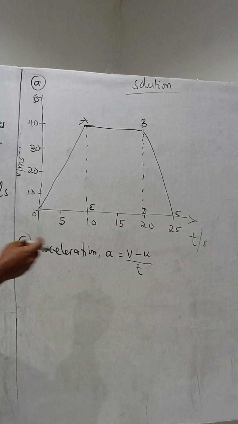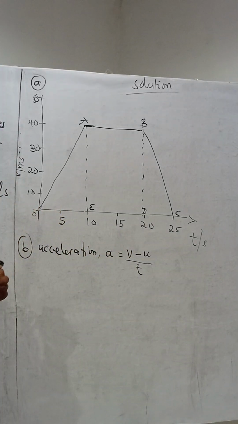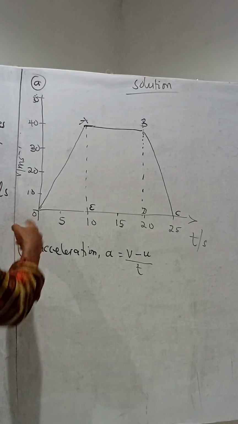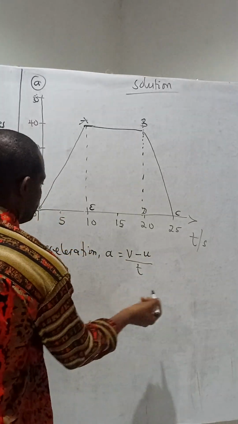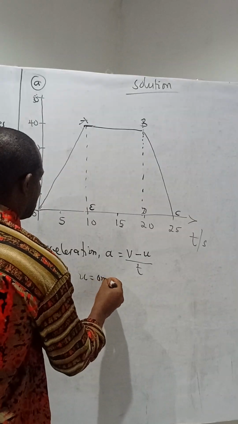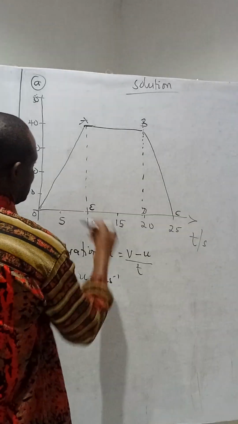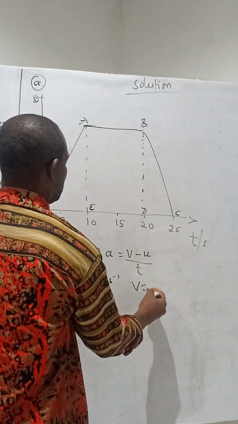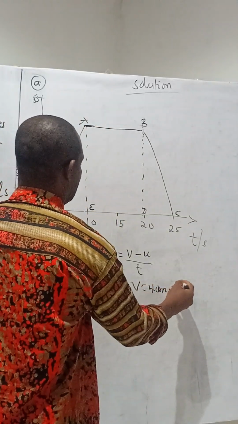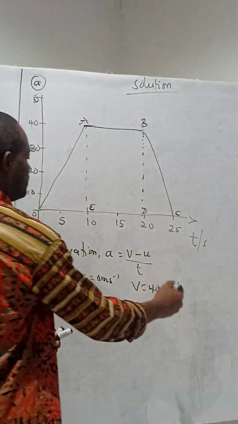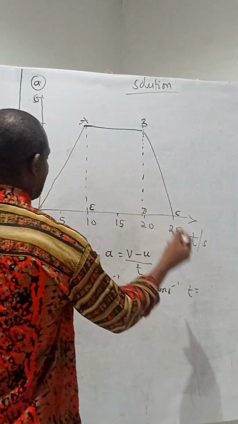So what is our final velocity? The car began from rest, so our u is 0 meters per second. Then our v is 40, that is the final velocity. So v is equal to 40 meters per second. Then in what time? Time is equal to 8 seconds.